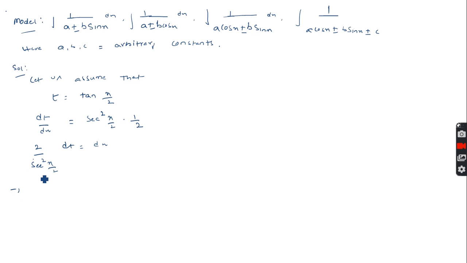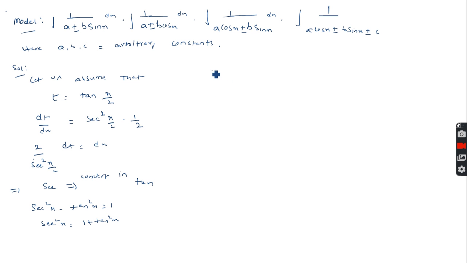So we can write secant square in terms of tan. We have a formula: secant square x minus tan square x is equal to 1. So from that, secant square x is equal to 1 plus tan square x. So secant square x by 2 can be written as 1 plus tan square x by 2.